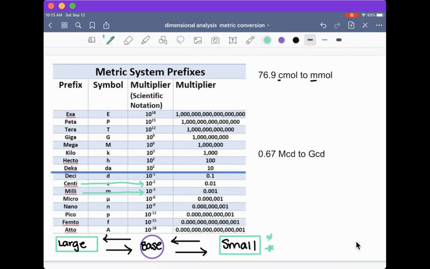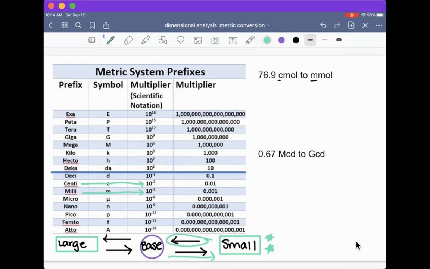So in order to get from the start to the finish, we have to follow the arrows. We're going to have to go into the base unit, and then follow it back in this direction to get back to the small unit. So it's 2 arrows, 2 steps, 2 equalities.